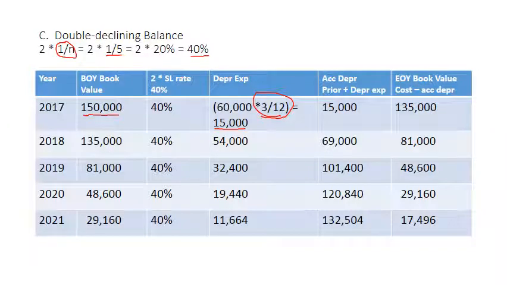So accumulated depreciation at the start of the first year is 0, and we add the 15,000 to it, so we have accumulated depreciation of 15. I always calculate book value by taking the cost of 150 and subtracting the accumulated depreciation.